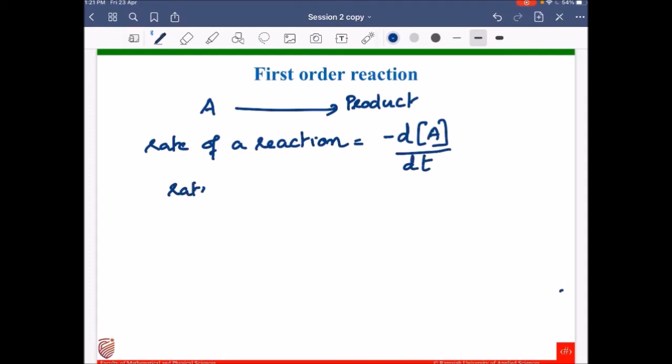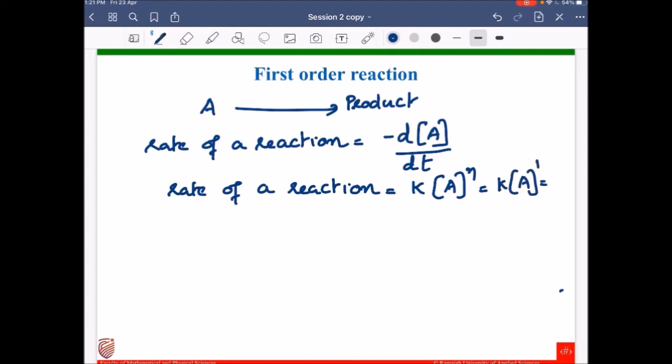As per the rate law, we can write the rate of a reaction as k into concentration of A raised to n, where n is the order of the reaction. Here n is 1, so you can write k into concentration of A. This is equation number 2, and this is equation number 1.